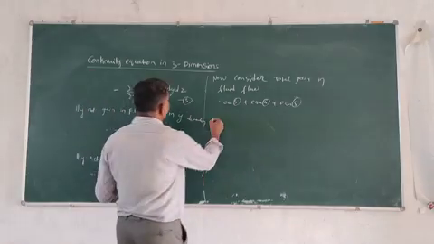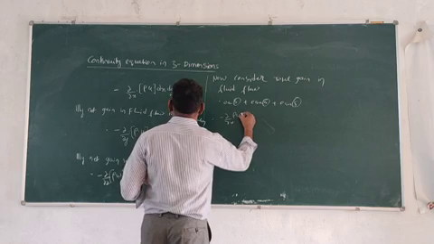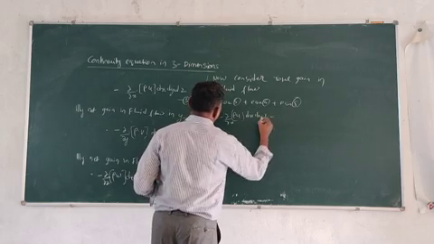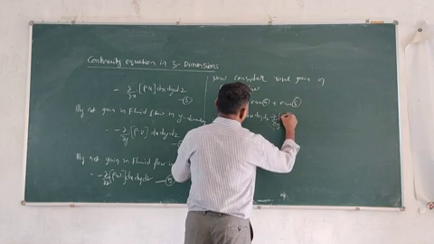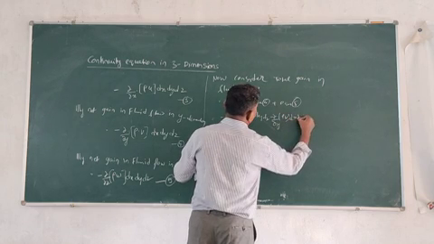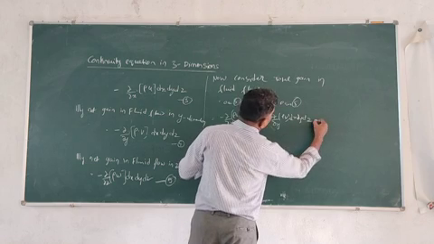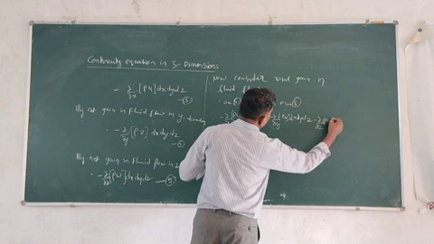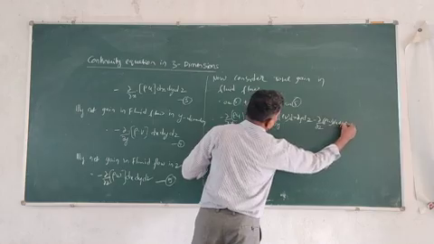So what is it? Minus ∂/∂x (ρu) dx dy dz, minus ∂/∂y (ρv) dx dy dz, and minus ∂/∂z (ρw) dx dy dz.